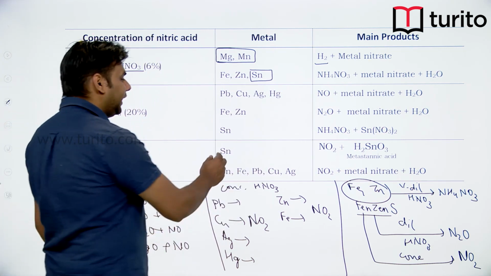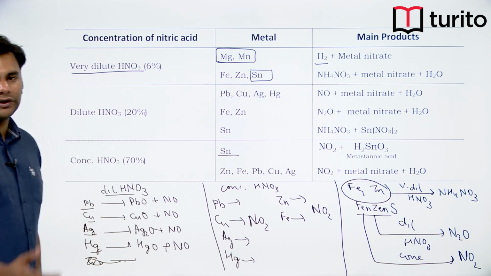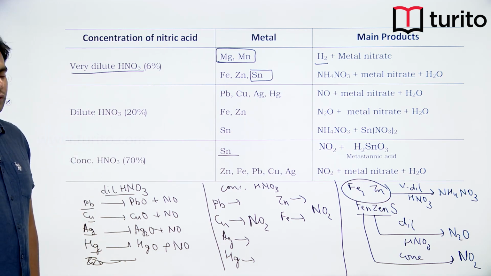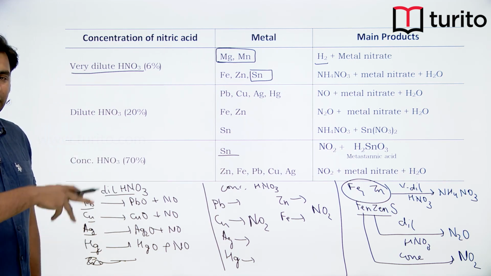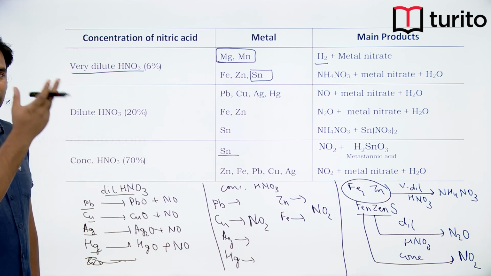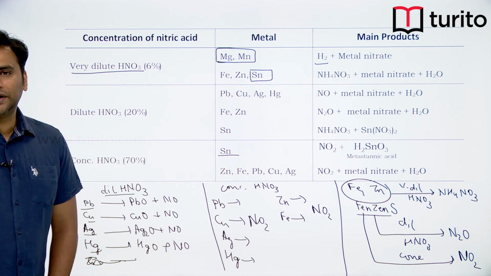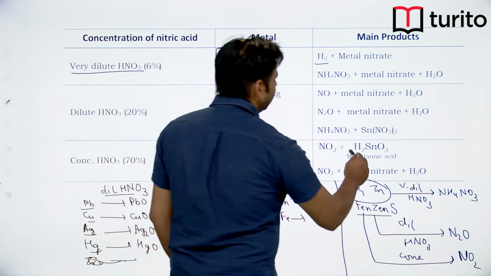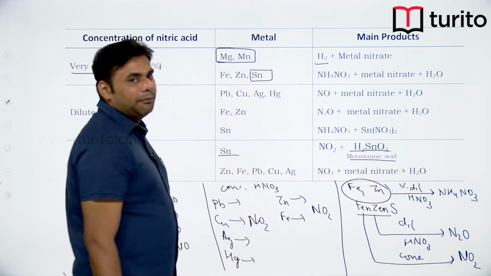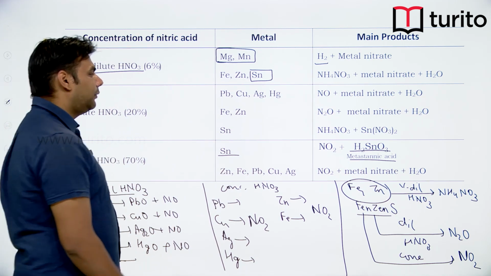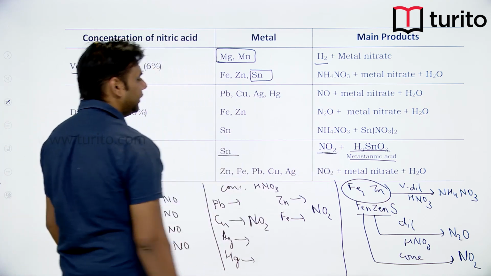With concentrated HNO3, we know that tin oxide is amphoteric in nature. So with concentrated HNO3, tin will get converted into SnO2, which will further react with the water present and form H2SnO3, stannic acid, metastannic acid. Again the gas formed is the same, that is NO2.